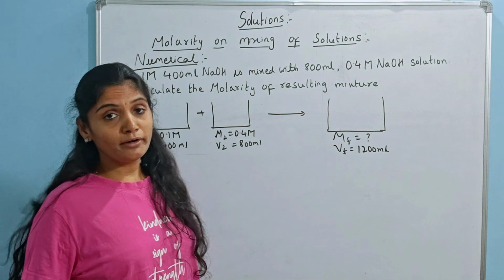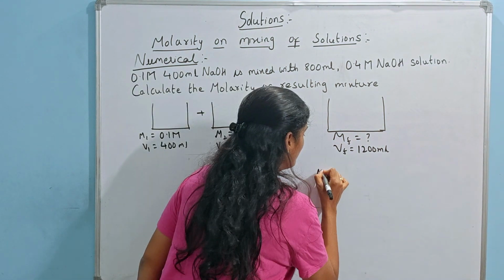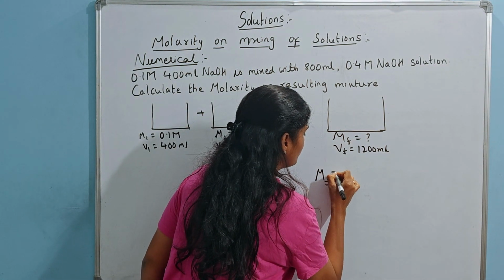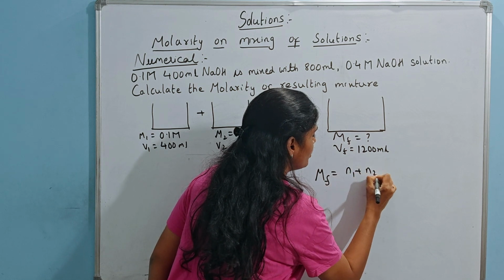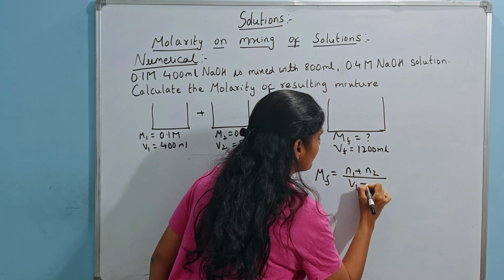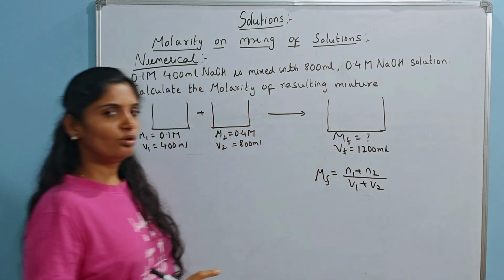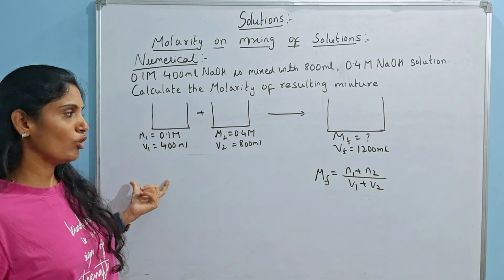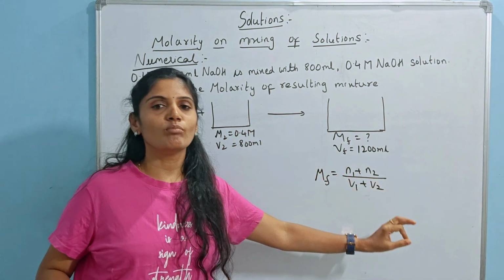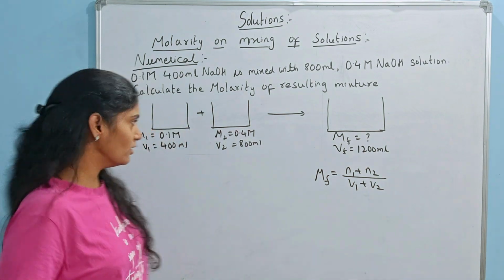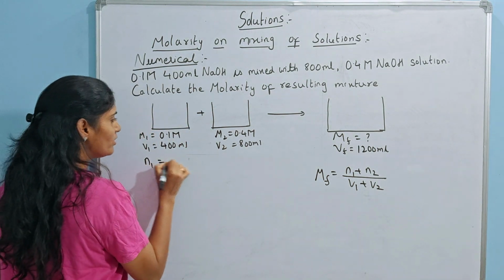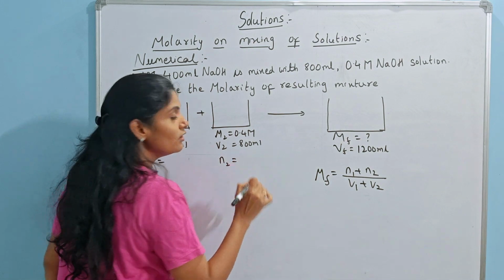So to calculate the final molarity, what is the formula I have? Final molarity is equal to N1 plus N2 divided by V1 plus V2. But I already told you, we are not directly given the number of moles. So first let us find the number of moles and then substitute here. I need to get N1 from here, I need to get N2 from here.